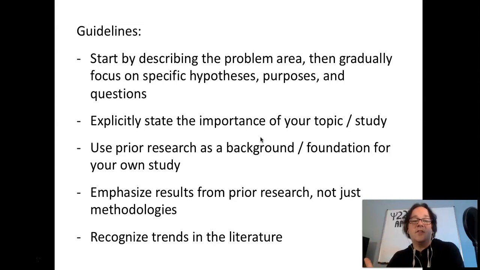You want to emphasize results from prior research, not just the methodology. And it's rare that you even talk that much about the methods that other people use, unless it's only in passing. You would say so-and-so did a large-scale study involving this many participants, and they found... We're really interested in the what-did-they-find part. But giving a little bit of background and methodology can be important, because sometimes sample sizes are really small.